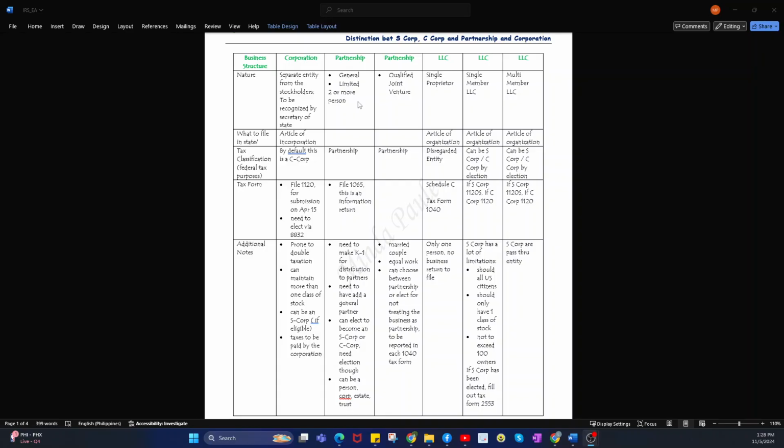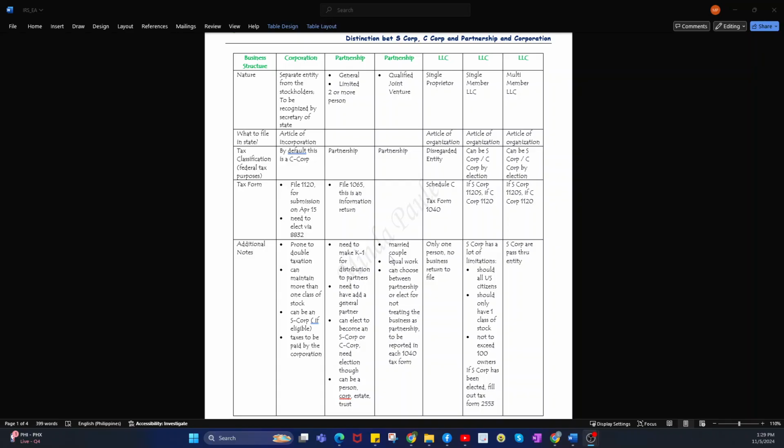Another type of partnership is the qualified joint venture. Mostly these are married couples who think of putting up a business, and they are classified as a qualified joint venture. The thought process here is that they co-own the business, they have equal work running the business, and of course they are married.